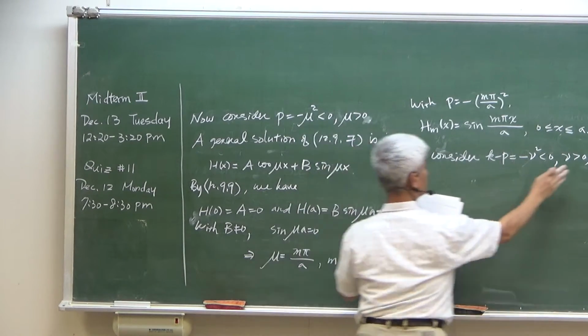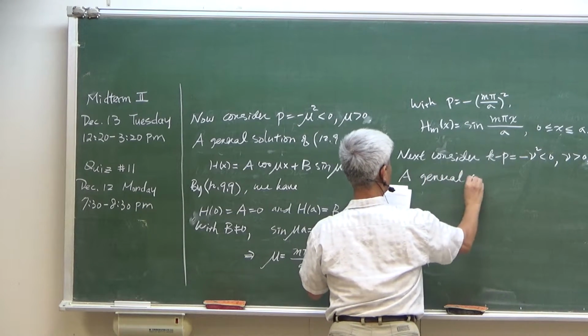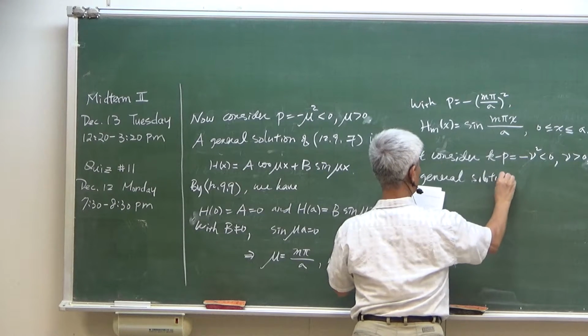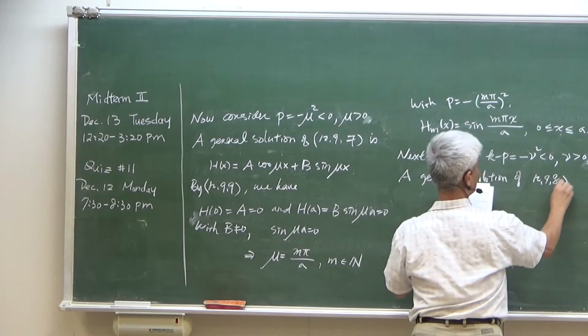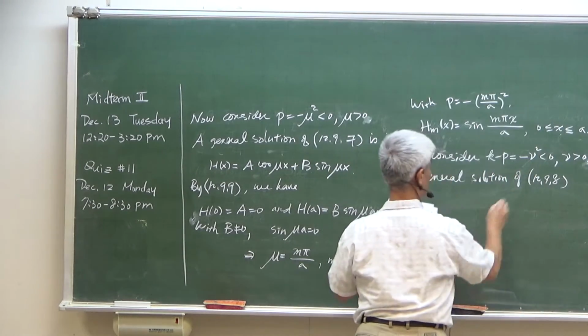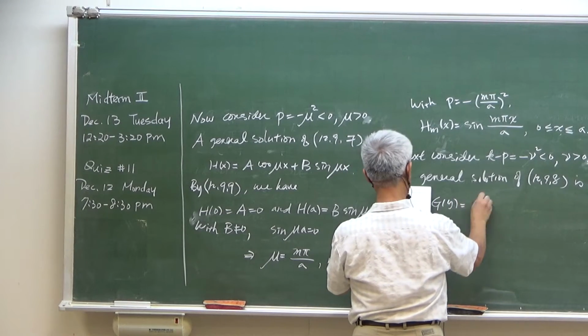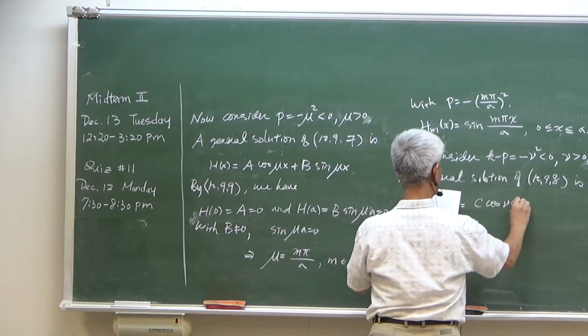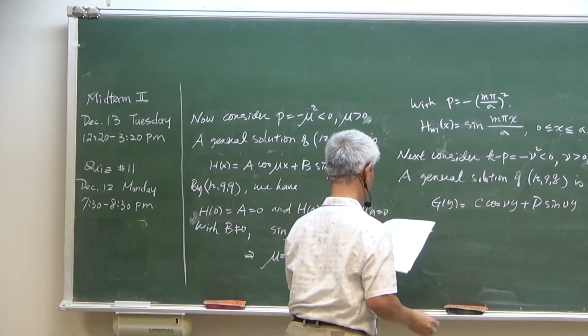A general solution of 12.9.8 is g of y equal to c cosine nu y plus d sine nu y.